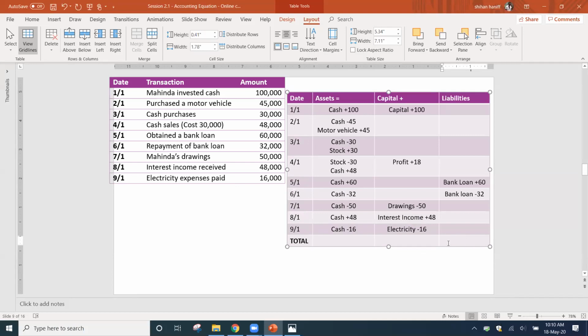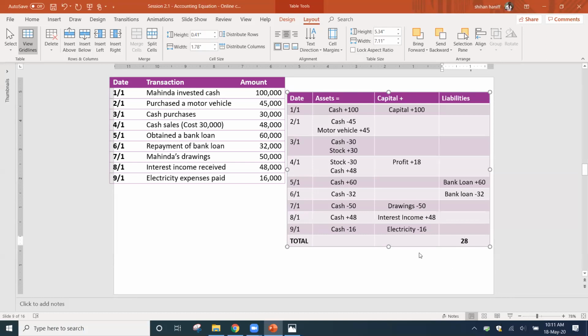Right. So I'm taking the same example to explain the double entry principle as well as ledger accounts and the complete accounting process. So I want you all to write this example. We will prepare until the financial statement using this. Okay. So you all write this with me.